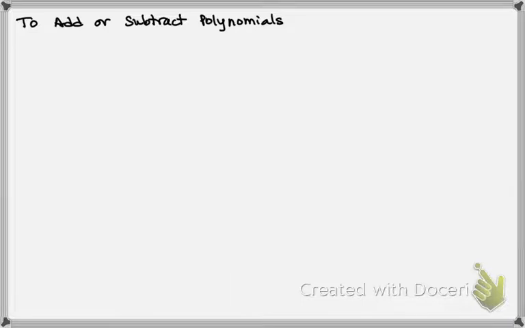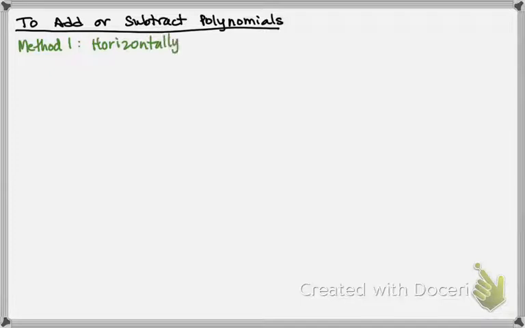That way you're not wasting too much time doing it with me, or you can do it with me. It's up to you. So to add or subtract polynomials, I'm going to give you two strategies. Strategy 1, method 1, is we're going to do it horizontally. Normally when we do any kind of operation, we tend to do it vertically, which is the method that I prefer myself. But again, this is up to you to decide.